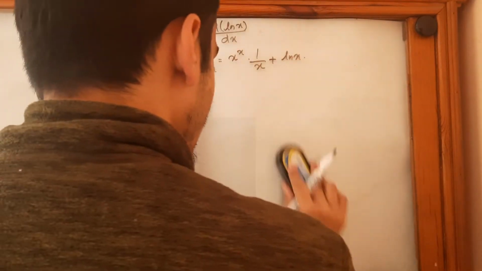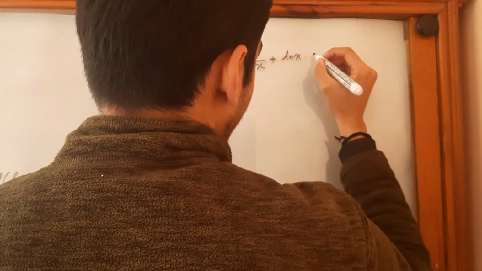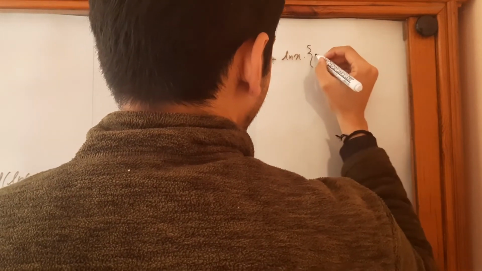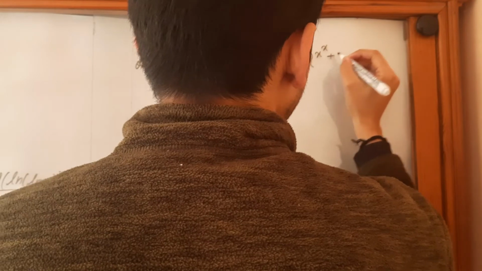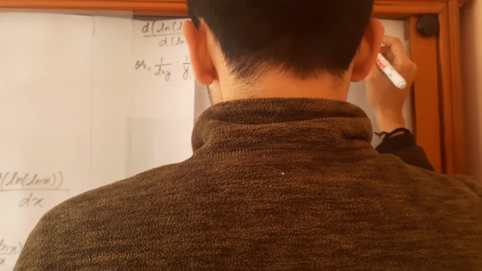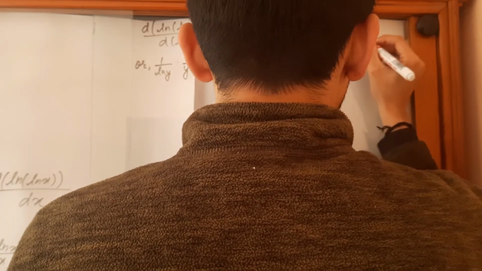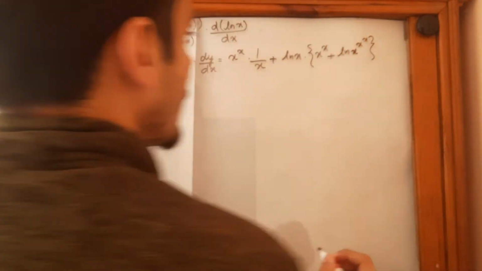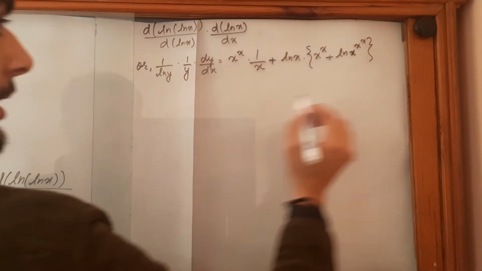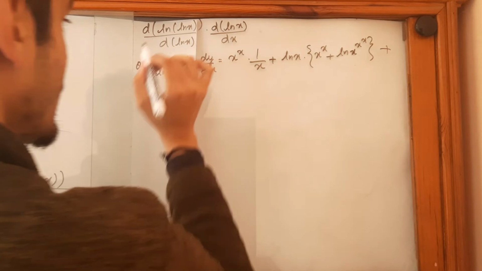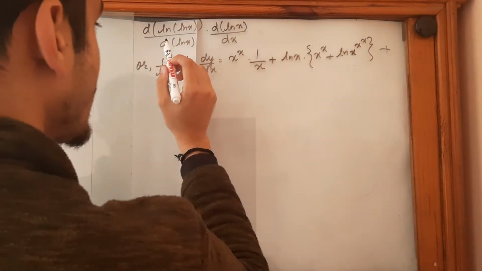So we've gotten the answer to be, let's put this in a curly bracket, plus ln x to the power x to the power x. So now addition sign and the differentiation of this one.